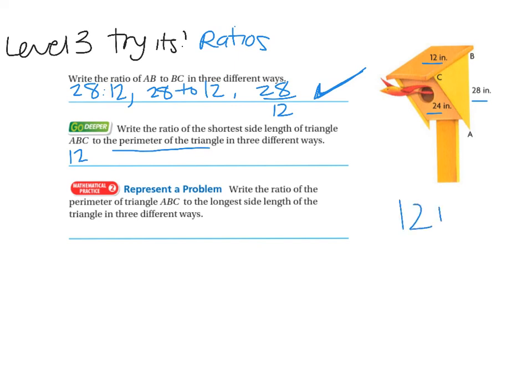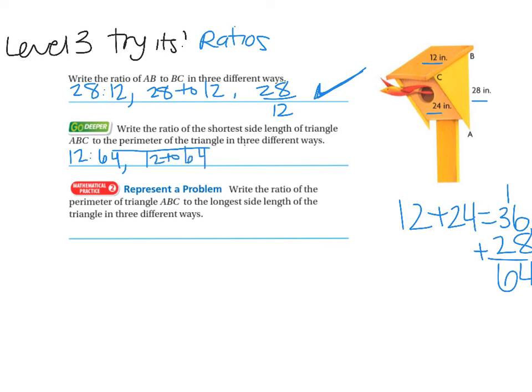So I did 12 plus 24, and it gave me 36. And then I'm going to add 28. And I'm just adding up those sides. And it gave me 64. So that would be my second number in my ratio. So I have 12 to 64. I write it in word form and as a fraction. And that's how you would write it, with the shortest side to the perimeter of the triangle.